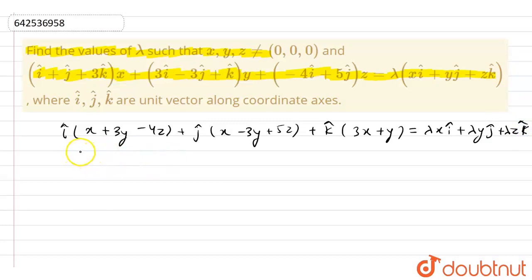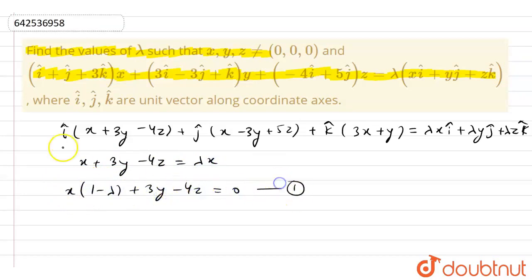Now if you compare the x, y and z components, then you have x plus 3y minus 4z equals lambda x. So I can write it as x times (1 minus lambda) plus 3y minus 4z equals 0. This is my equation 1.